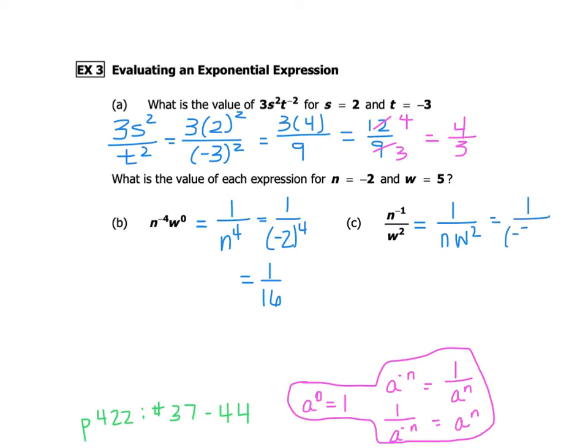The n is negative 2, and the w is 5 squared. Remember, when you're simplifying, do those exponents first. So the 5 squared is 25. So 1 over, this will give us negative 2 times 25, which gives us negative 1 over 50. And it doesn't matter whether we put the negative on top, middle, or bottom.